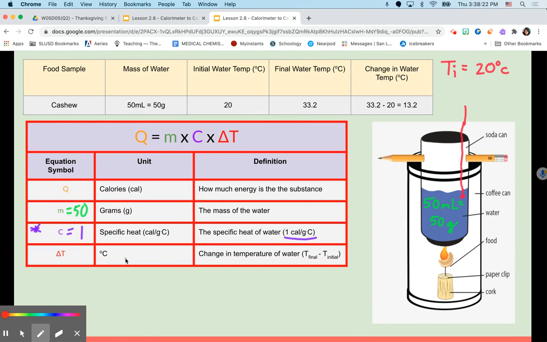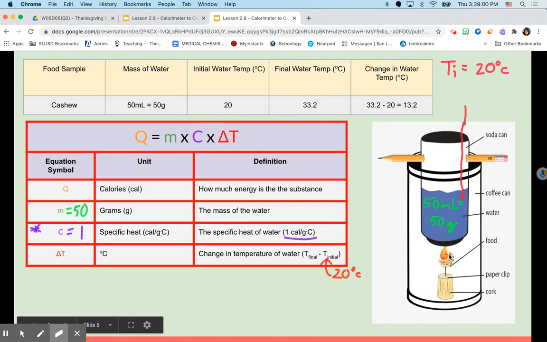Well, what is our change in temperature? When we first start out, before you burn the food, you would take the initial or the starting temperature of the water. In general, it'll usually be around 20 degrees Celsius, because that is room temperature, right? So our initial temperature of water is going to be 20 degrees Celsius. And let's say we burn the food item, it starts to burn.